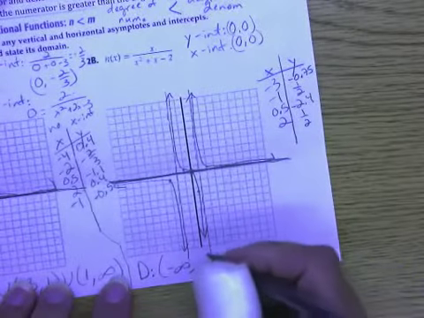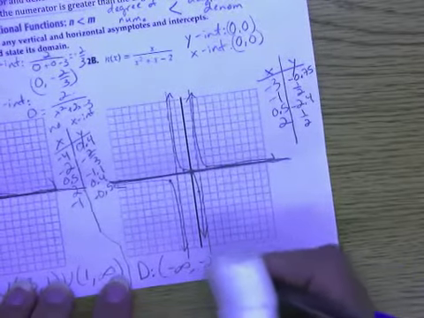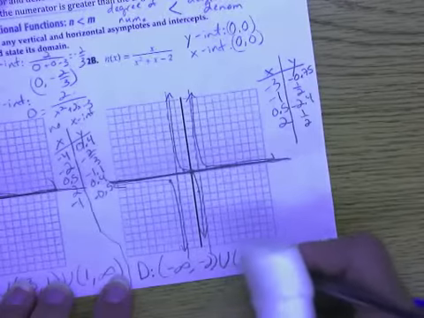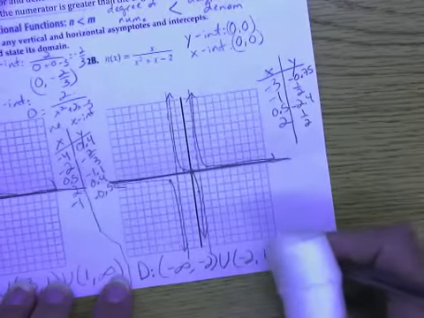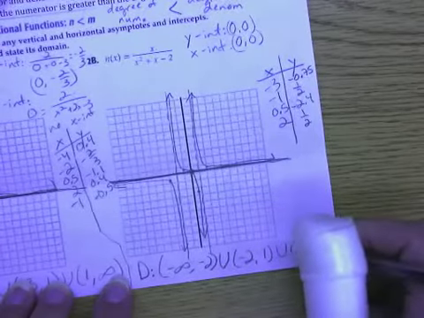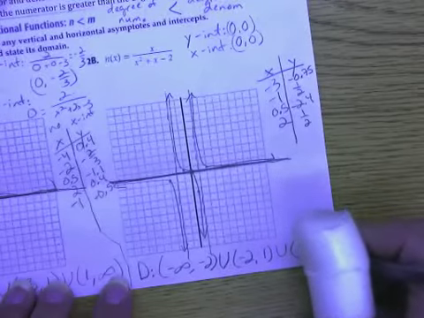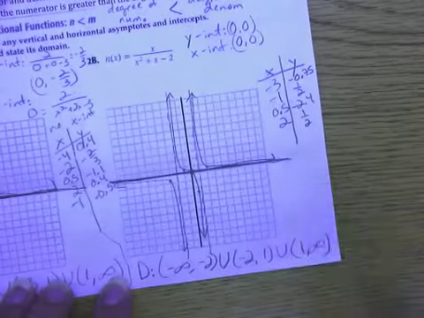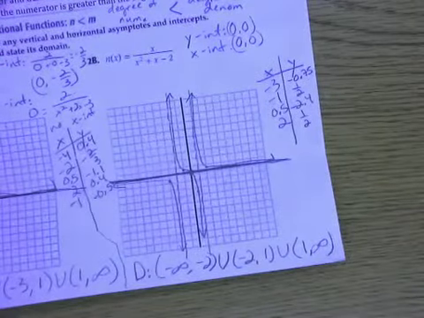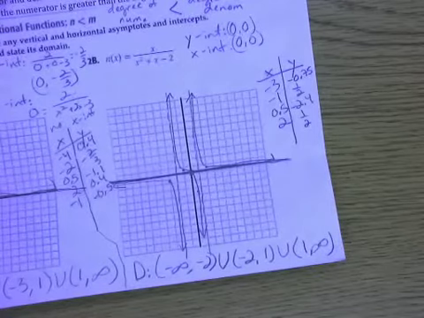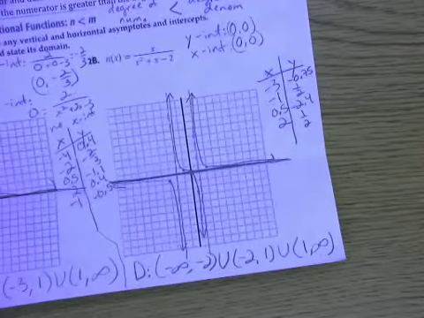And finally, our domain goes from -infinity to my first vertical asymptote at -2, picks back up at -2 and goes to 1, and then picks back up after that asymptote at 1 to go to +infinity.